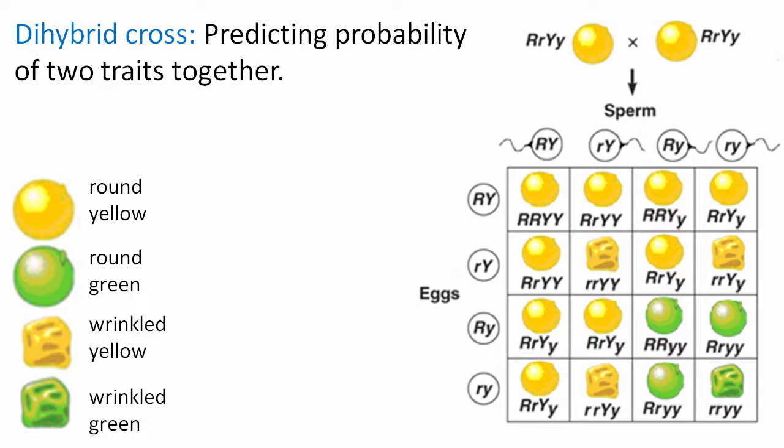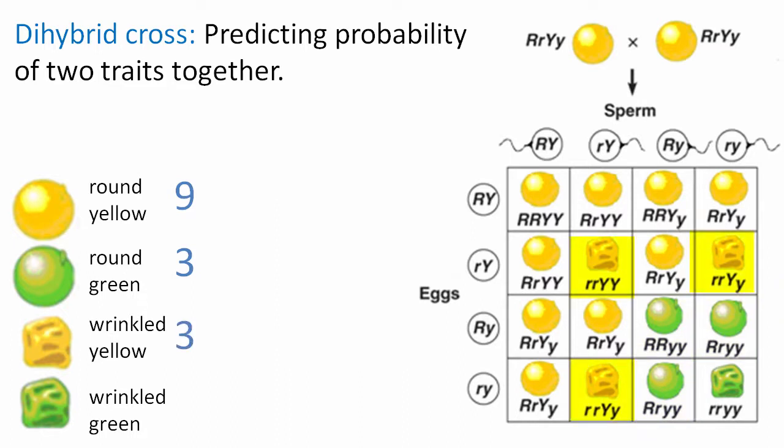Well, if we count them, we should find 9 total round and yellow. Well, how many times does round and green assort together? If you're counting, you should find 3. In the same way, what about wrinkled and yellow? One is dominant and the other is recessive, and that shows up 3 times as well.